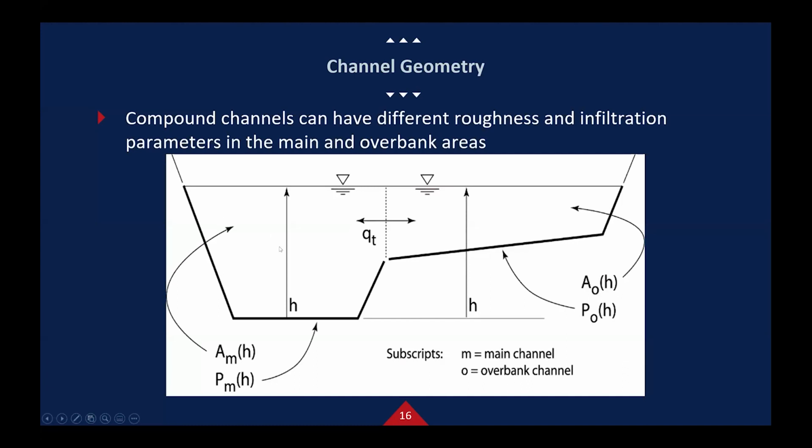You have your compound channel, with your primary channel that is deeper, and then your overflow bank area, which can be either flat or have a rising channel bed. Flow goes down the main channel, eventually tops out and starts flowing over to the overflow bank area. This represents what you'd see under a natural situation with a riparian area, with a buffer area.